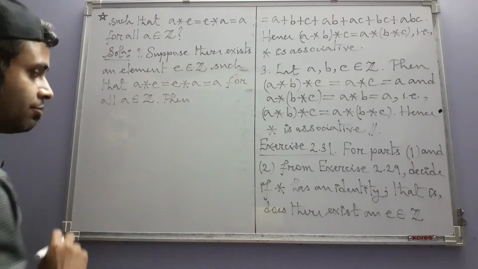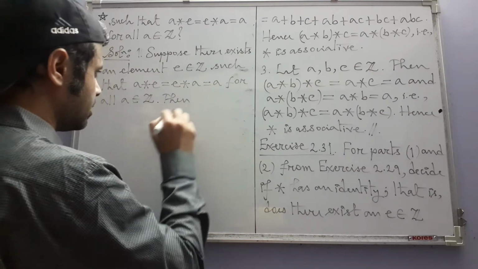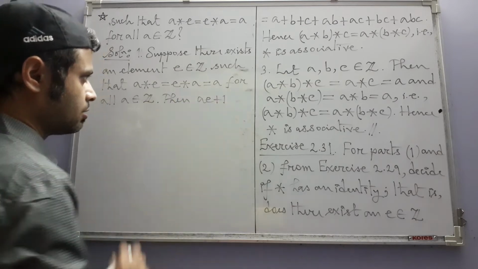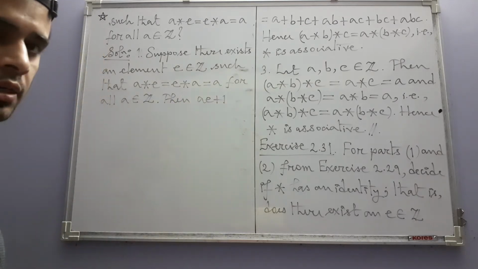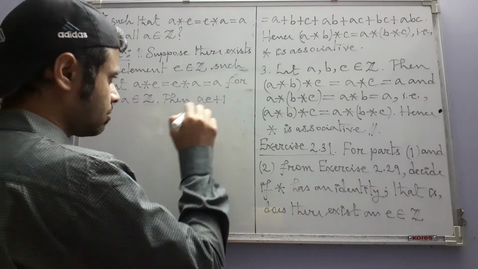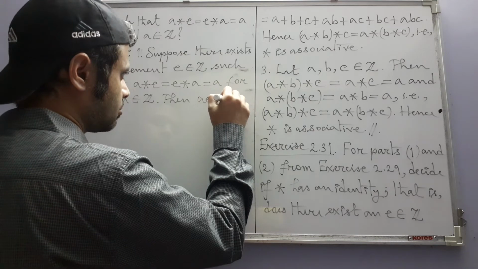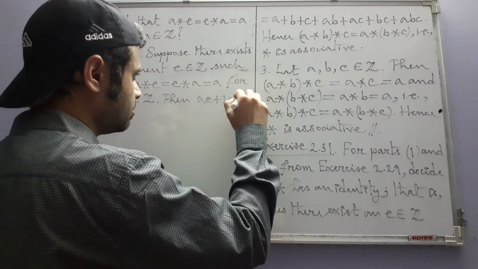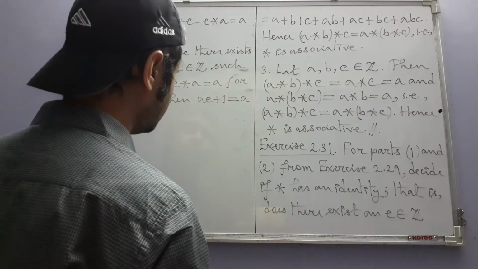Then we know the definition of the operation star. So a star e means ae plus 1. E star a is also ae plus 1 because that is ea plus 1. The operation star in this case is commutative. So we don't get anything new from these two things, we get the same thing, and that is equal to a.